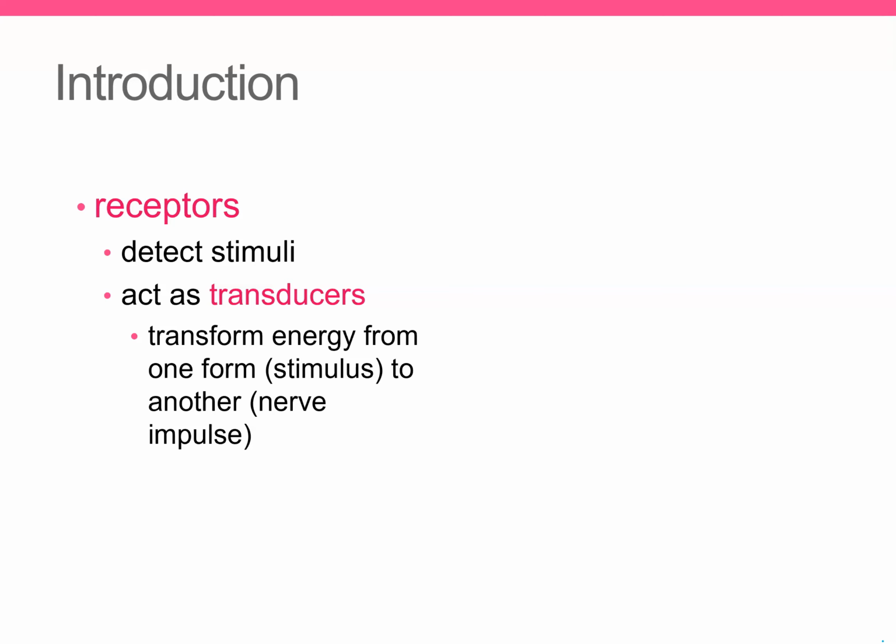So what's happening here is you have a certain form of energy in the stimulus. Maybe it's sound energy, like I was just talking about when you hear a sound. And the transducer or the receptor is going to transform this sound energy into a different type of energy. And generally, we're transforming that into electrical energy in the form of a nerve impulse or an action potential.